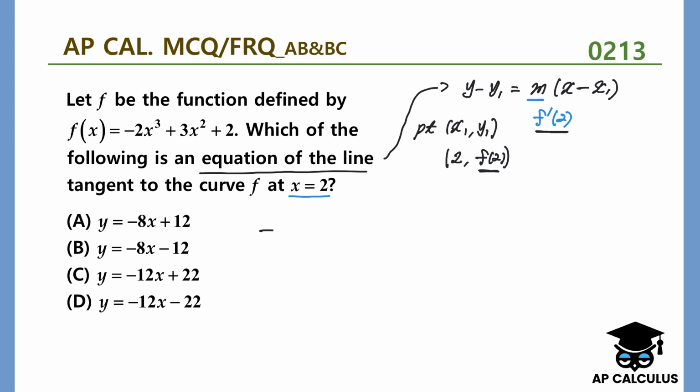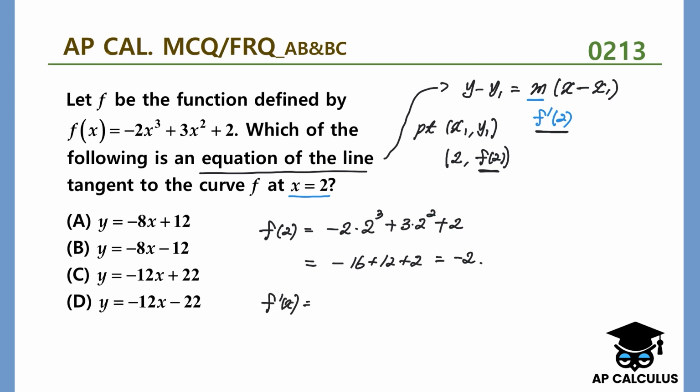Okay, let's find f of 2 first. F of 2 is equal to negative 2 times 2 cubed plus 3 times 2 squared plus 2, right? So that is equal to negative 16 plus 12 plus 2. So that's negative 2, right? So the point is 2 comma negative 2. And let's find f prime.